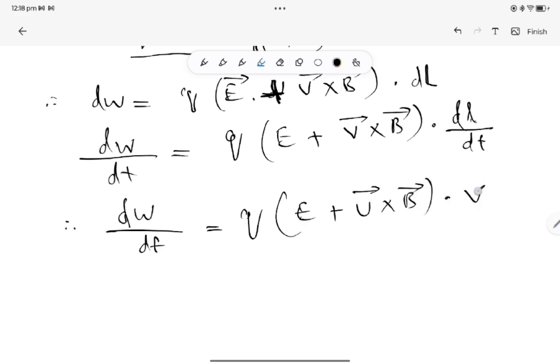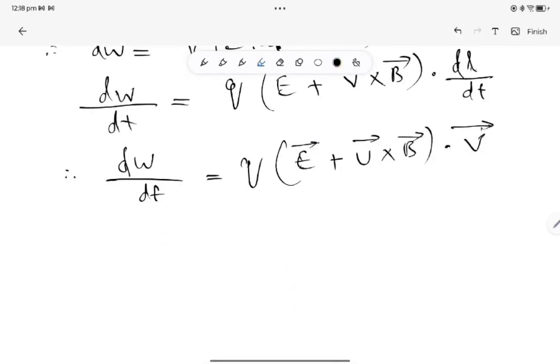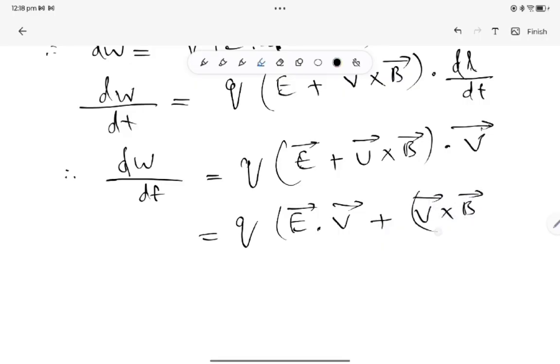Now we can write it as Q E dot V plus Q V cross B dot V. Obviously this second term is 0 because V cross B is perpendicular to V, and the dot product between two perpendicular vectors gives cos 90 degrees, that is 0. So no work is done by the Lorentz force.